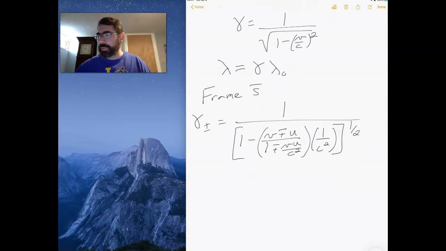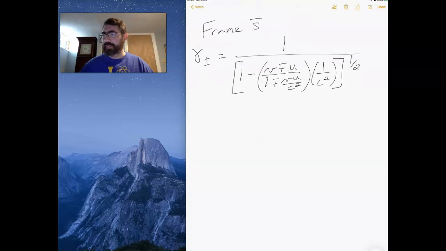Okay, so now what we can do is factor out the c squared. Oh, I'm sorry, this term is squared. So that parentheses is squared, because it's the velocity squared divided by c squared.